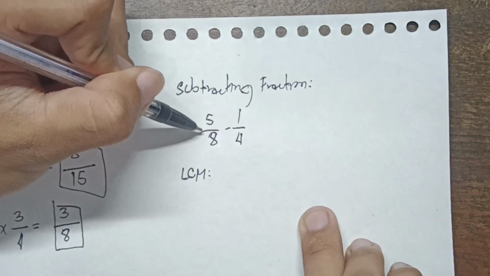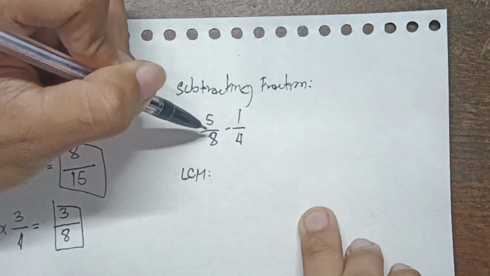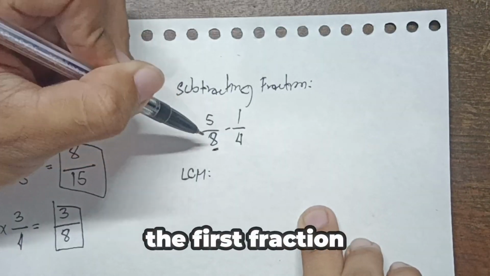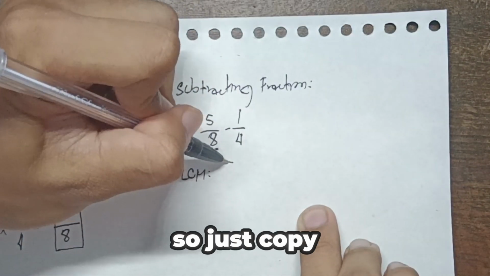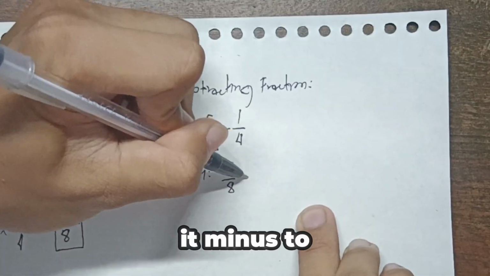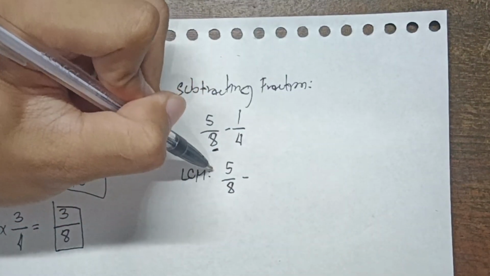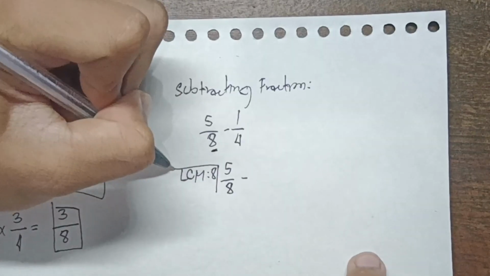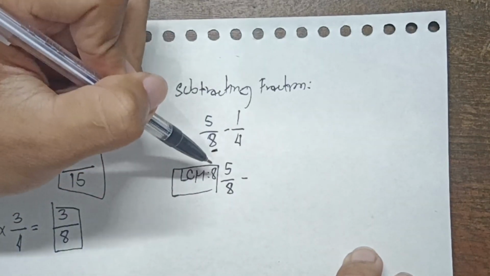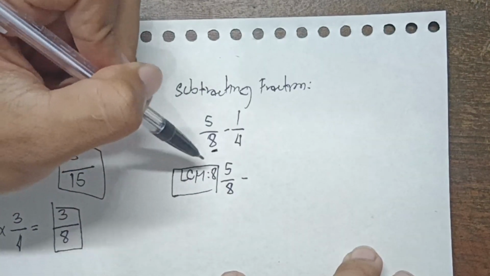Now, the denominator of the first fraction is already 8. So just copy it. Minus, to make this 8, the LCM is 8. I forgot to write that.